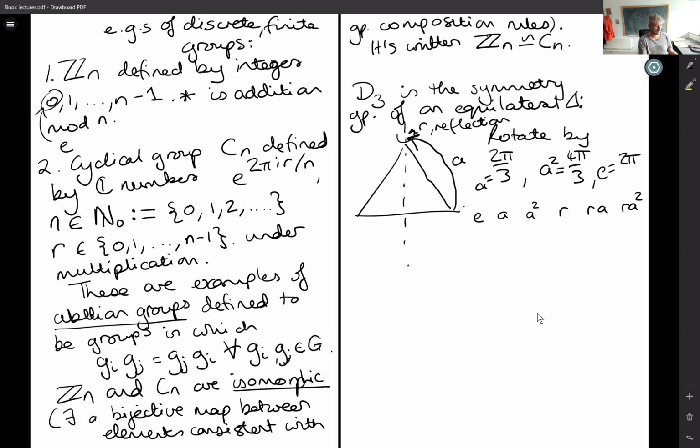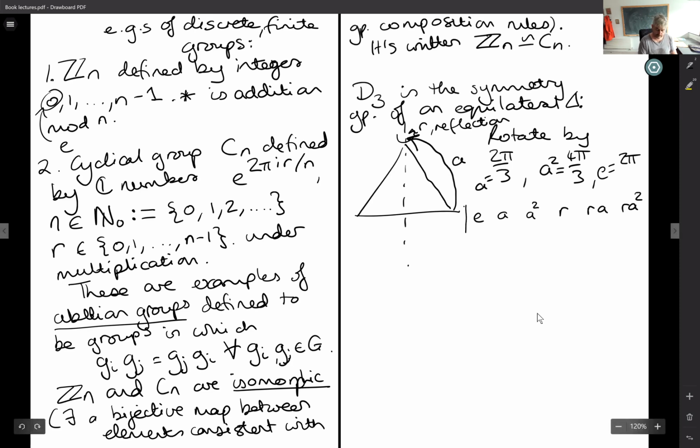And so there are 3 different corners, and there's 6 different possibilities for where they might end up after a transformation. And so the order of the group, the number of elements in the set is 6. And so whichever way you describe it, there ought to be 6 elements.